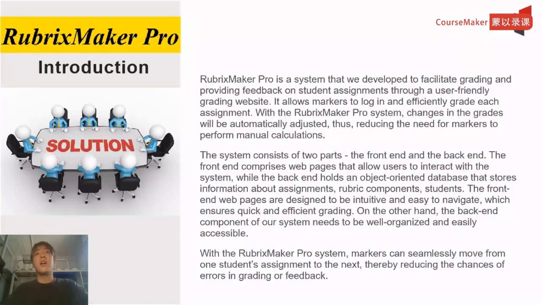On the other hand, the back-end components of our system need to be well organized and easily accessible. With the RubrixMarker Pro system, markers can seamlessly move from one student's assignment to the next, thereby reducing the chances of errors in grading or feedback.